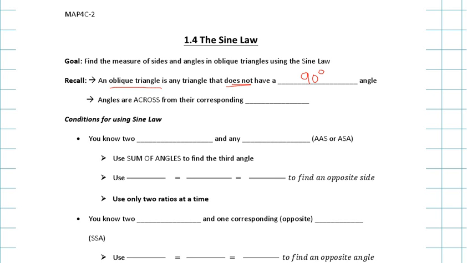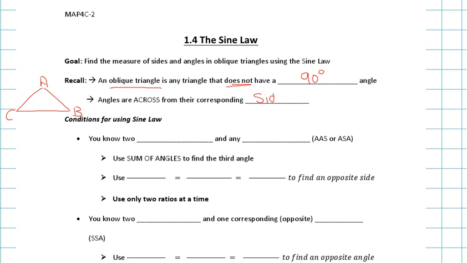And remember that in an oblique triangle, or in any other triangle, when we have the letters, remember we talked about this yesterday, capitals on the outside for the angles, and then angles are across from their corresponding sides. So what do we call the sides?